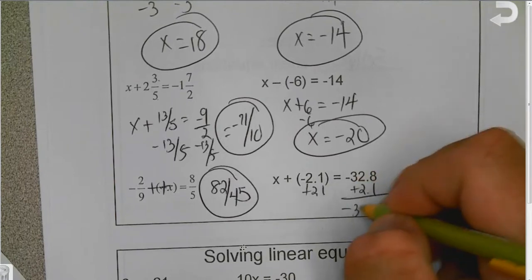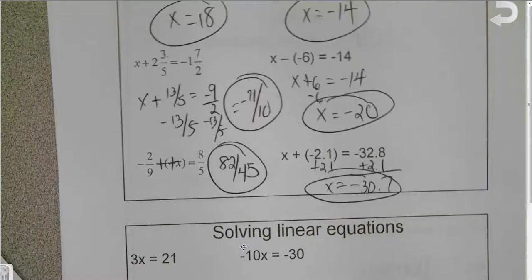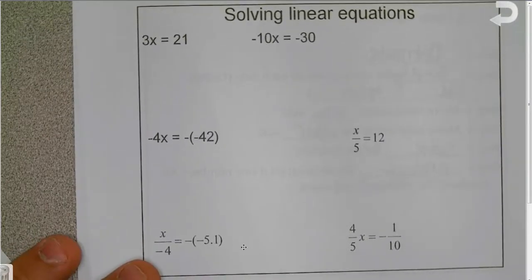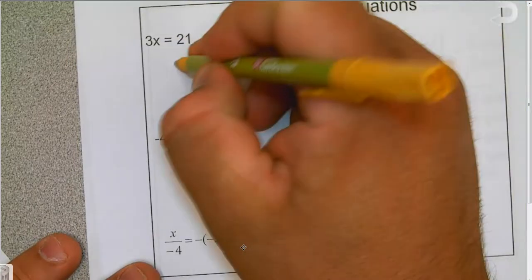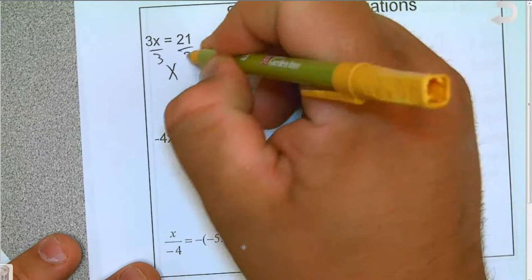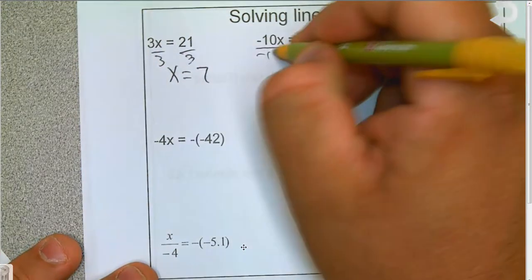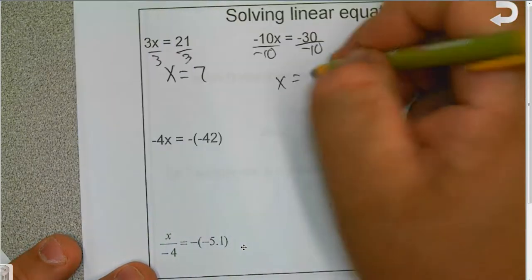And I get negative 30.7. Remember, with division and multiplication, when you divide by a negative, you're going to be flipping your sign. So be careful here. So we have divide by 3, x is equal to 7. Divide by negative 10, x is equal to 3.